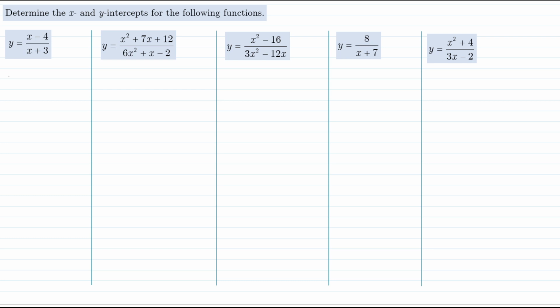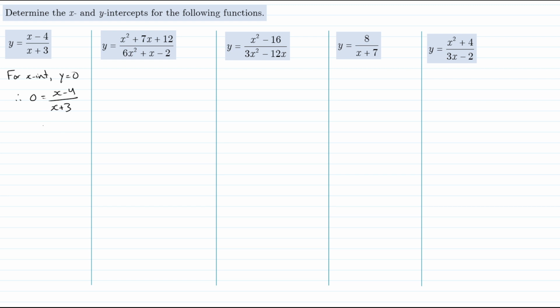Now let's take a look what happens when you do that. So for x-intercepts, we need y equals 0. So I'm just going to say 0 equals x minus 4 over x plus 3. Now, how would we solve this? Well, one thing we might do is get rid of our denominator, and we can do that by multiplying both sides of the equation by x plus 3.